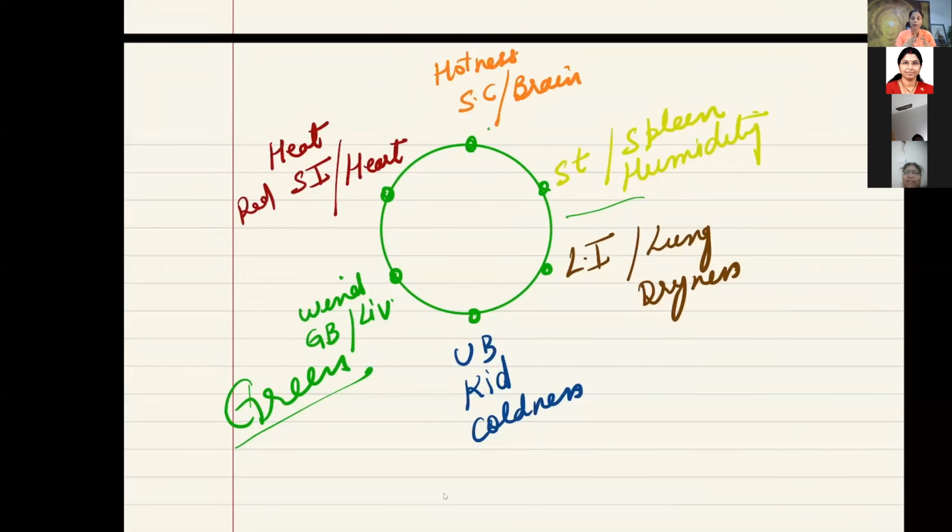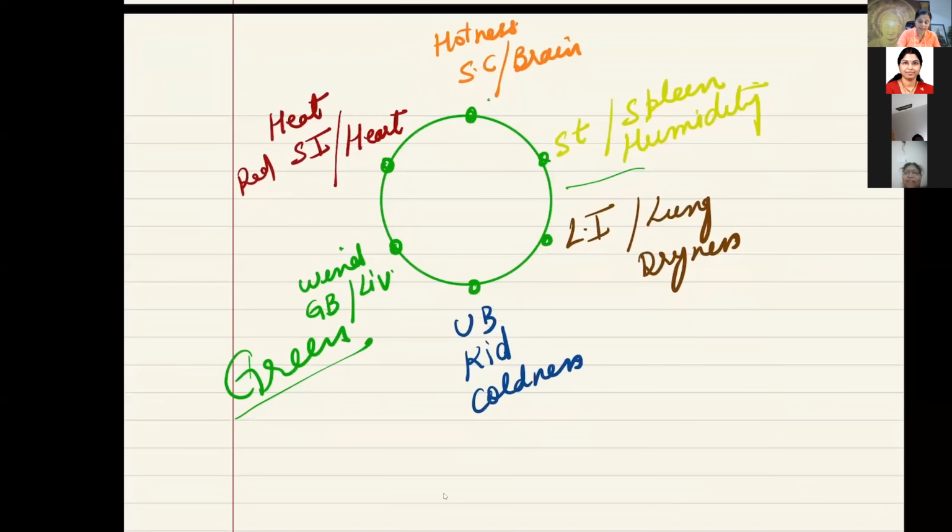When you want to uplift the energy of a particular organ, you should apply the colors you see on the slide. But when organs are hyperactive, we use the sedation concept.